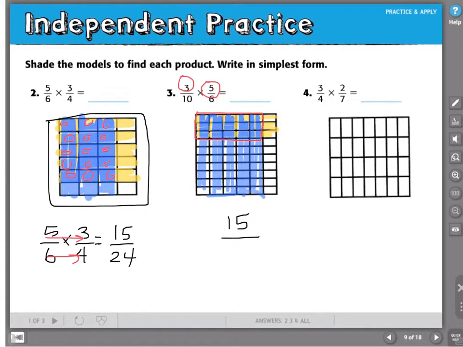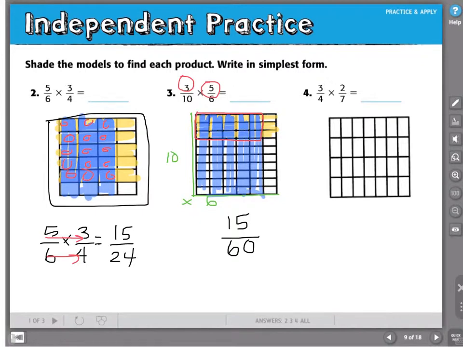And oh heavens, I would definitely not like to count all of these total sections, but I know it has an area of 10 times 6. So our denominator is 60.